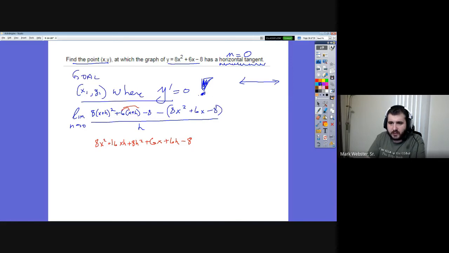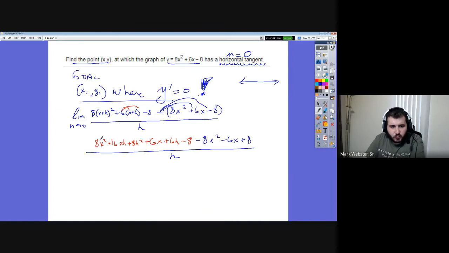What's the other half of this? Minus 8x squared minus 6x plus 8. Notice what I did is I just distributed the negative sign into all three of these over h. So now, once again, I saw this 8x squared. There better be a negative 8x squared up here, otherwise I didn't do it right.